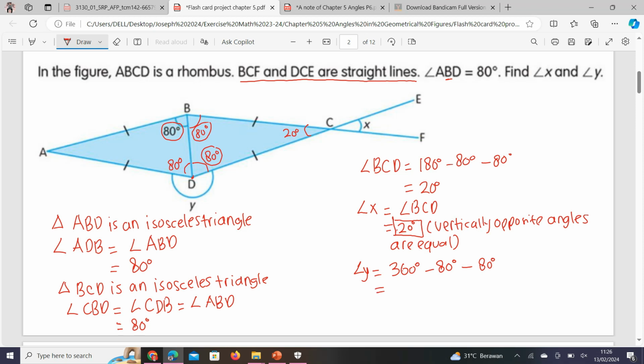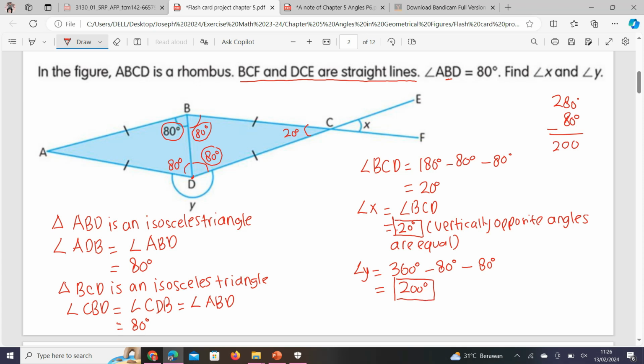Now you can count that 360 degrees minus 160 degrees equals 200 degrees. So the answer is 200 degrees.